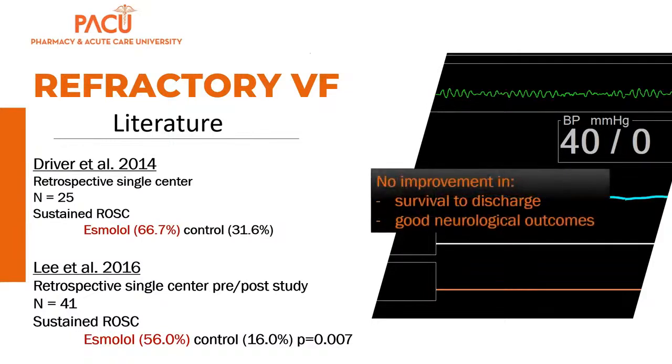But again, there was no improvement in survival to discharge or good neurological outcomes in either of these trials. But they're preliminary. You'll read both of these trials, and there have been 2 meta-analyses that feature them, and they all say more literature is needed, more well-controlled randomized controlled trials are needed in this area, which is certainly true.